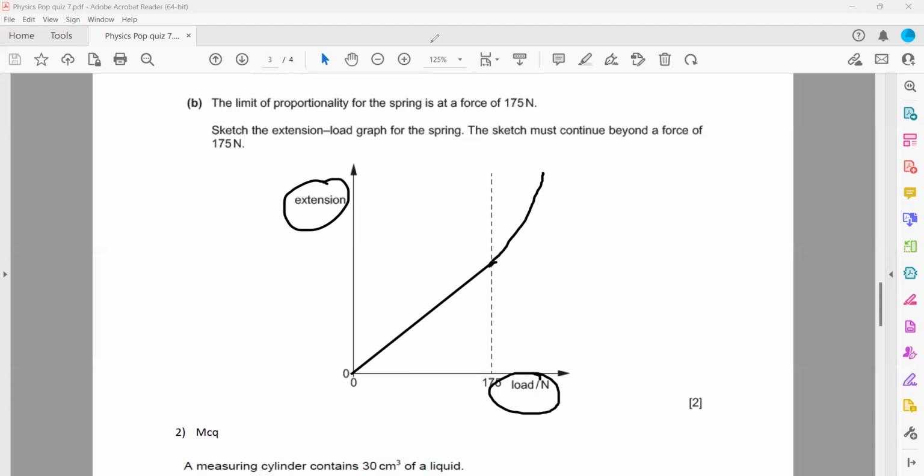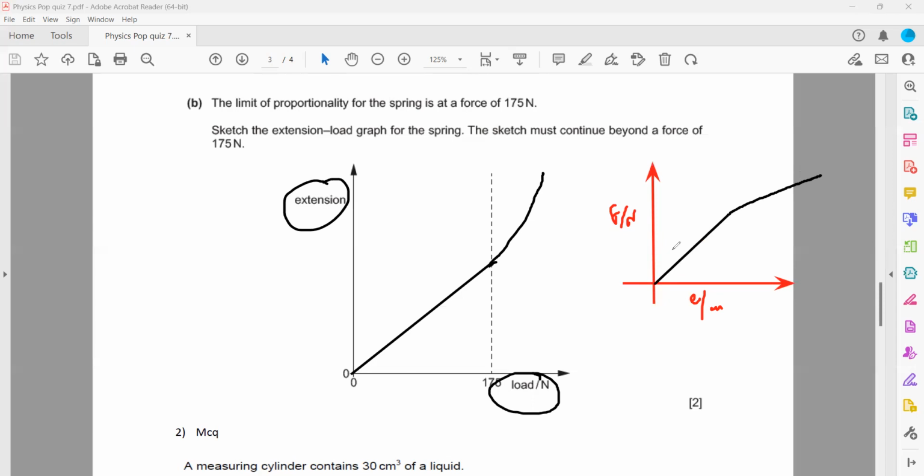But if they change the axes, for example, so that the force is on the y-axis and extension is on the x-axis, then first it will be a straight line, and then it will curve down like this.